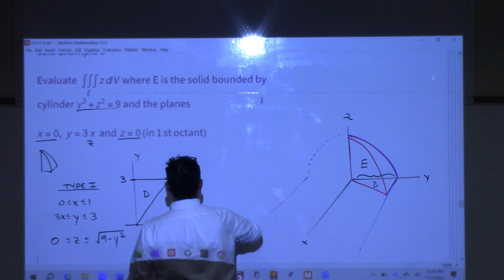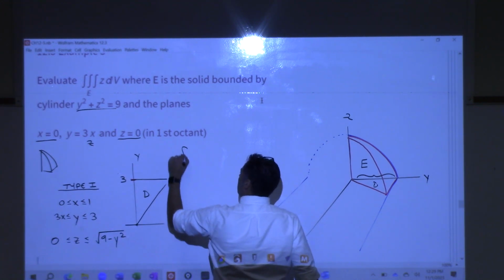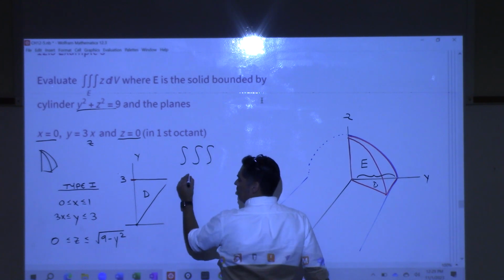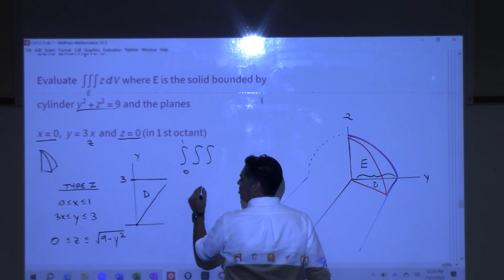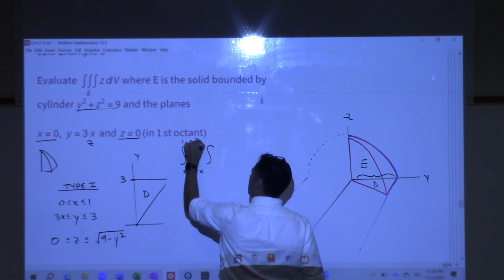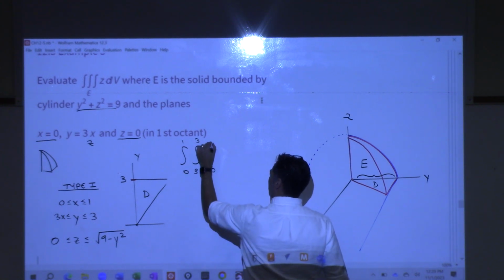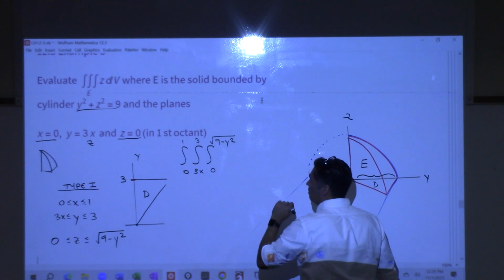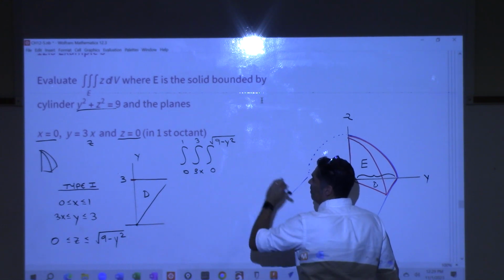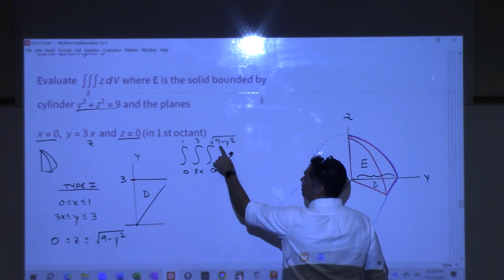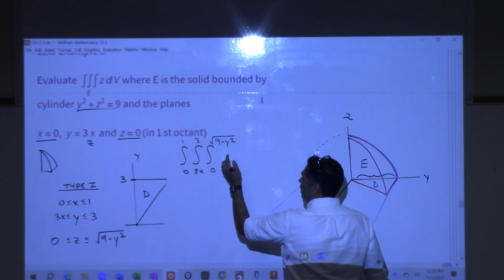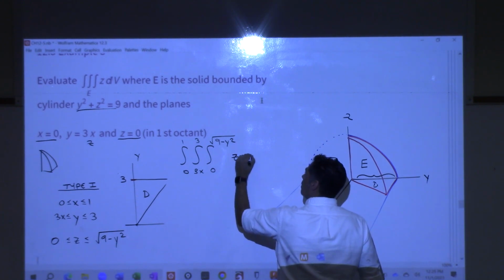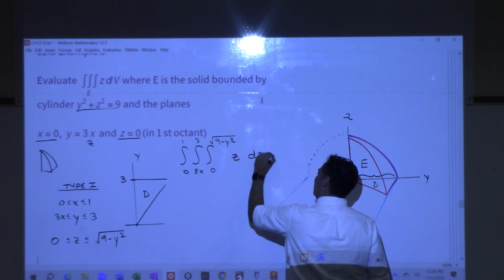The triple integral will be, let's see, 0 to 1, 3x to 3, 0 to the square root of 9 minus y squared. Now I'm thinking I might have to plug that in at some point. This will be what I plug in for z. I'm really hoping that when I integrate, I'm going to get a z squared, which I will.